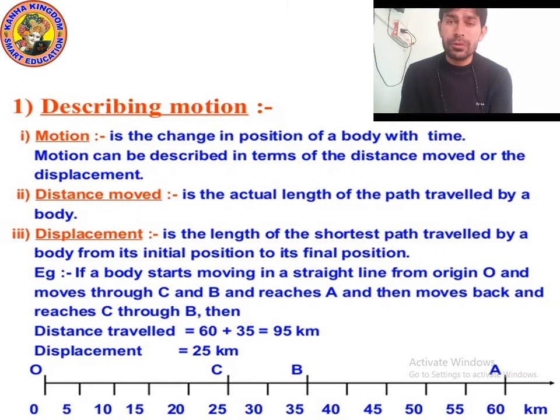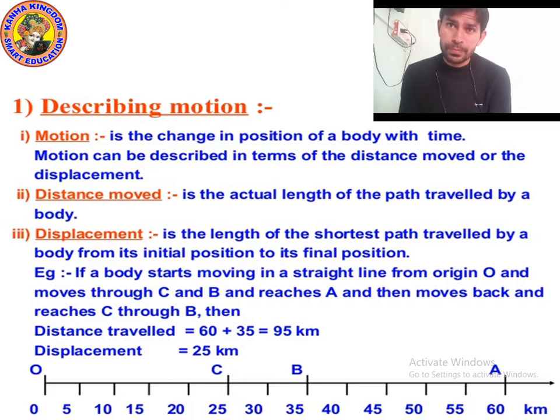And A to C, what distance? C point is at 25 kilometers, A point is at 60 kilometers. So 60 minus 25 is equal to 35. You add 60 plus 35. Your complete distance is 95 kilometers, because at last you reached point C.